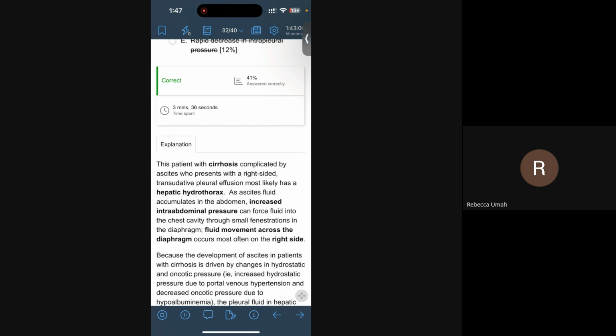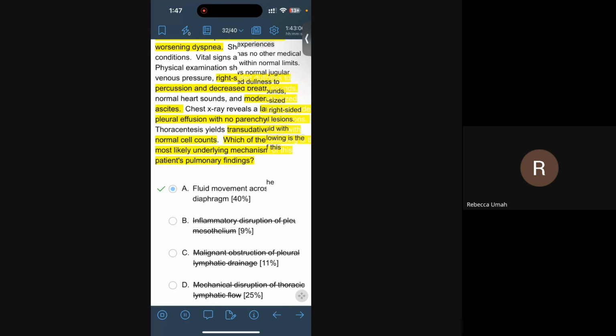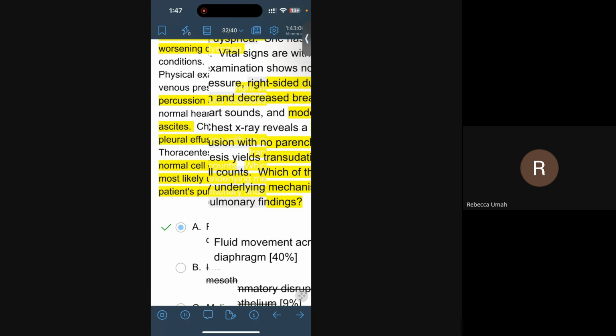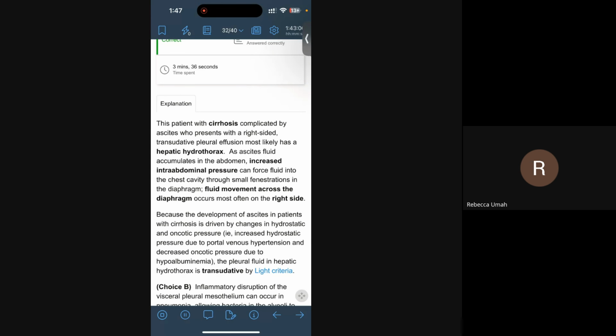The patient has moderate ascites. Due to the ascites, the pressure in the abdomen increases, and that increased pressure pushes the fluid into the chest cavity through small holes in the diaphragm, leading to hepatic hydrothorax.